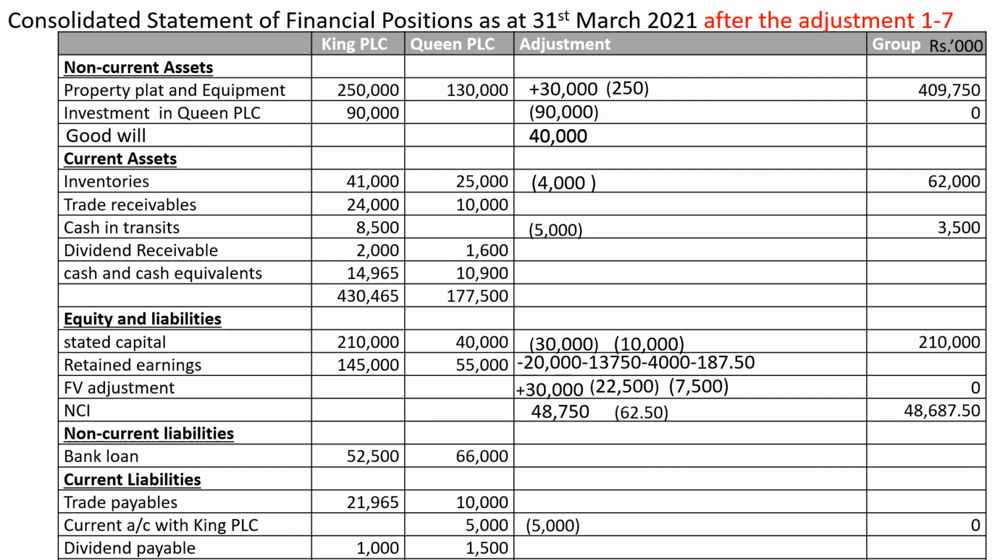Now the impairment of 5,000 should be removed from the goodwill and the new goodwill balance will be 35,000. It should also be removed from the retained earnings and the current retained balance will be 162,062 rupees and 50 cents.